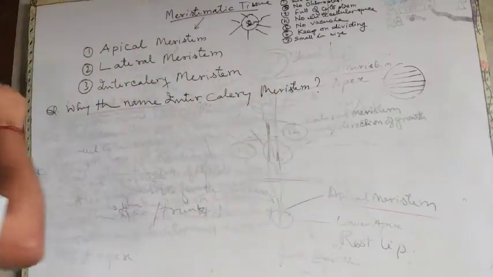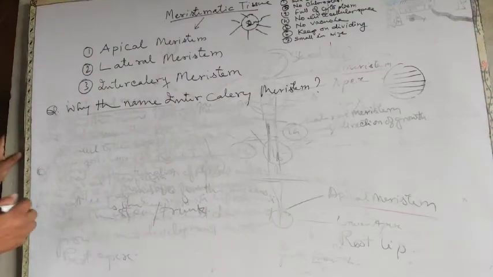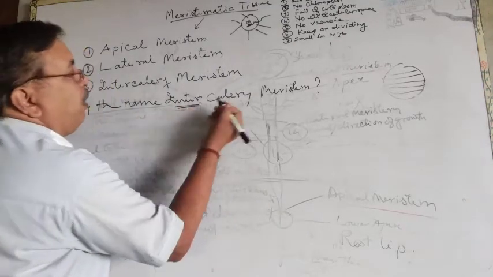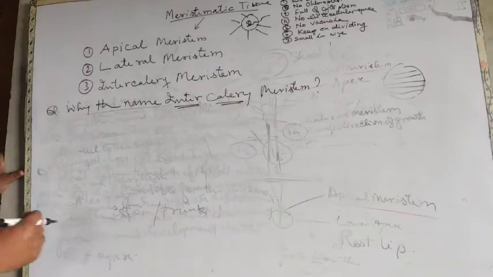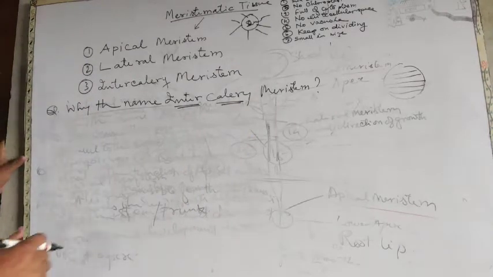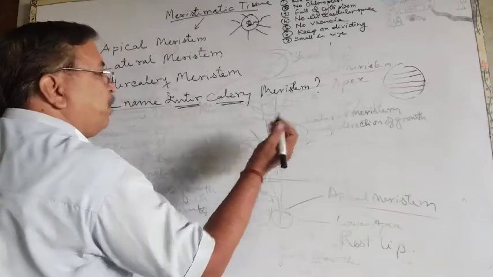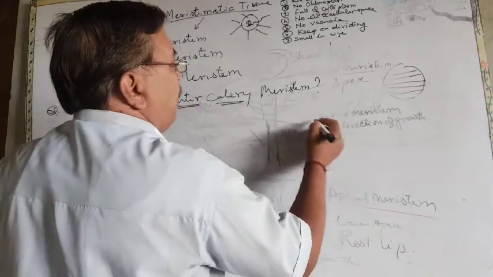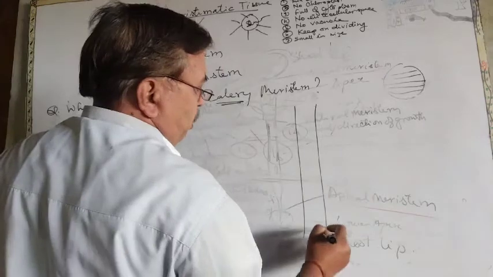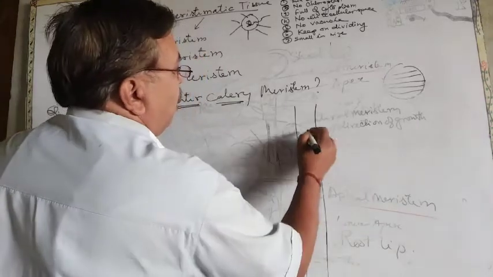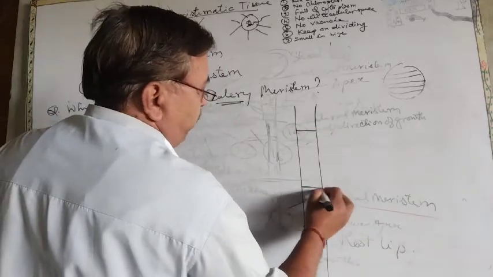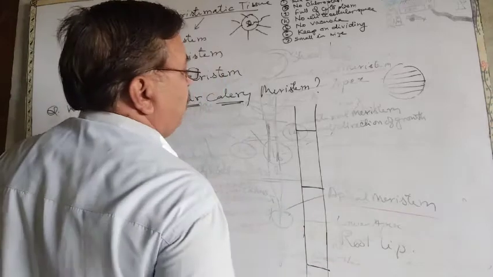Once you know this reason why the name, so inter meaning in between, and this is in between the cells. Suppose you may have seen a sugarcane stem. Sugarcane is a cylinder, and on it so many nodes are very clearly visible.